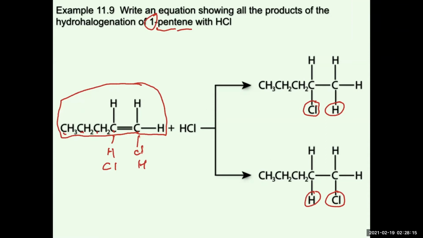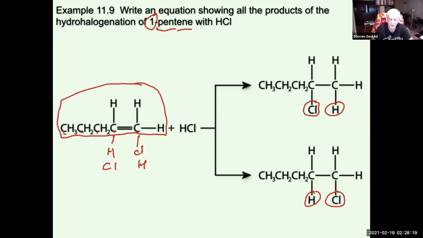The top is major, the bottom is minor. Perfect. Exactly right. Because this hydrogen that was added has 2 hydrogens existing on that carbon. This hydrogen that was added on the bottom one only has 1 hydrogen existing on there. And hydrogen likes to be by hydrogen. So the top one's your major product, bottom one is your minor product.